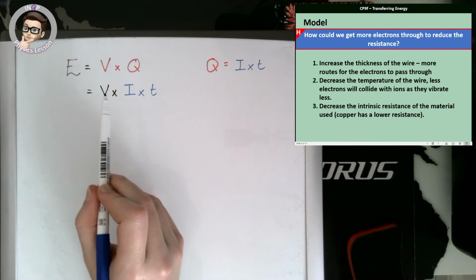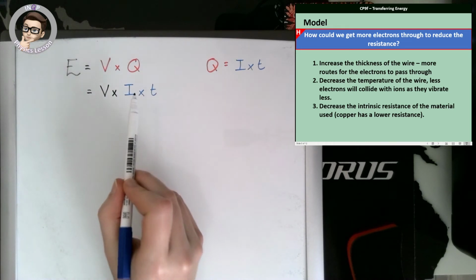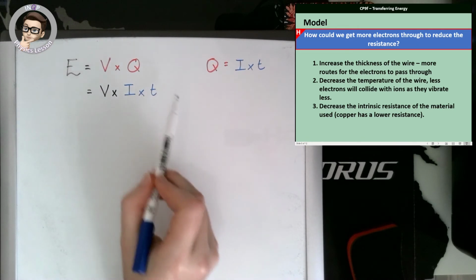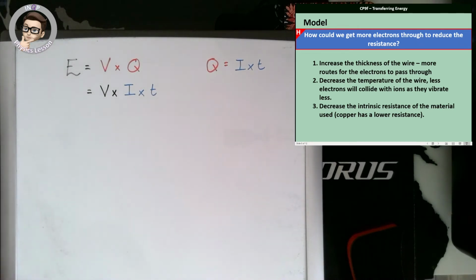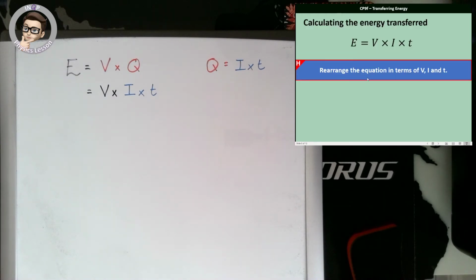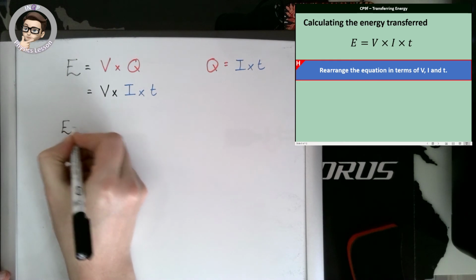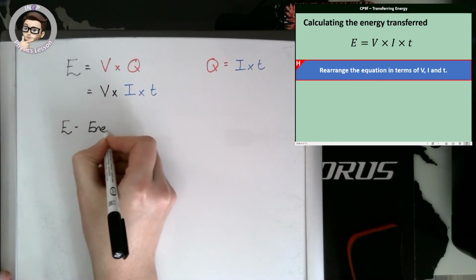So in other words, how much energy the electron's carrying, how many electrons there are per second, and how many seconds there are. That's basically what we're working out here. And let's just look at the units for these as well. So E is energy transferred.